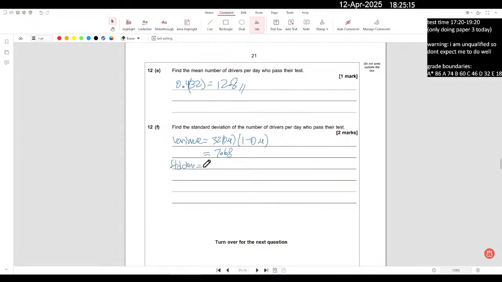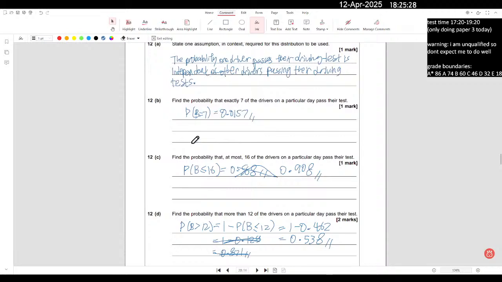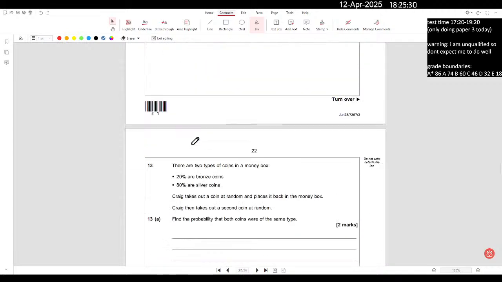Standard deviation equals the square root of the variance, which is 2.77. Okay. If I'm not stupid, this should all be correct. Let's move on.